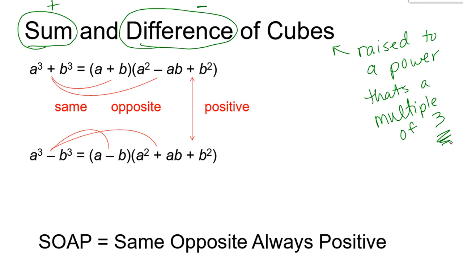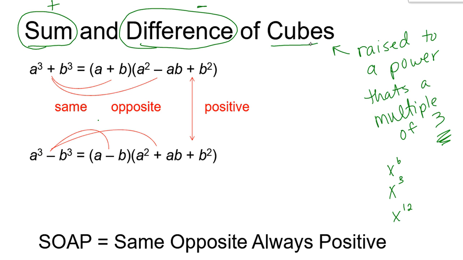So it could have its 6th power, right? X to the 6th would work, or just plain x to the 3rd, or x to the 12th. Any of these could be applied here because they're all multiples of 3. Okay, that's the key. This basic example is going to be with 3's, but I'll show you again how to apply these other ones as it goes.